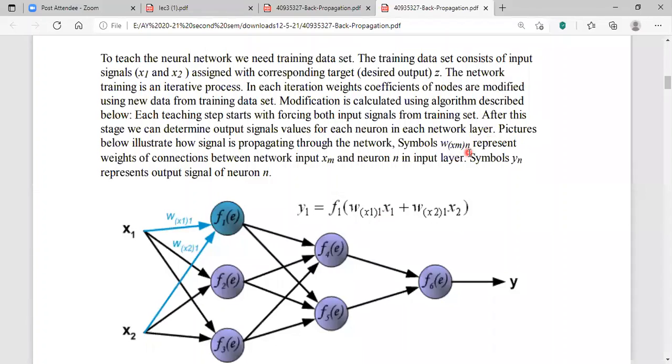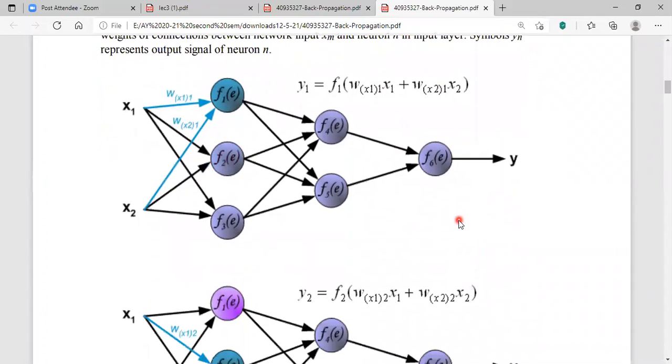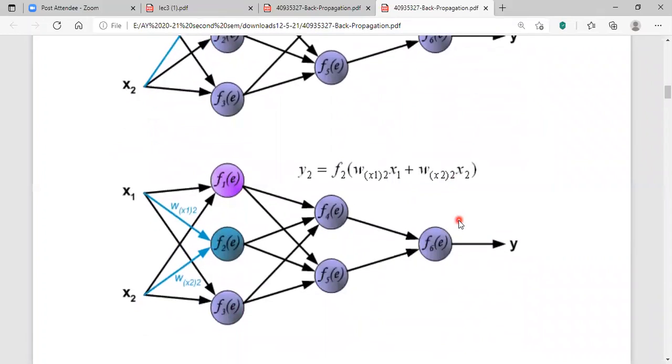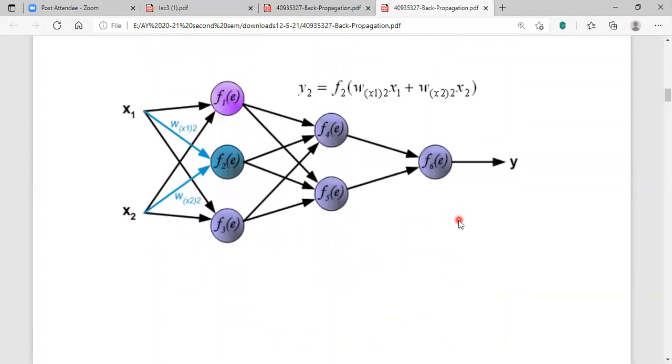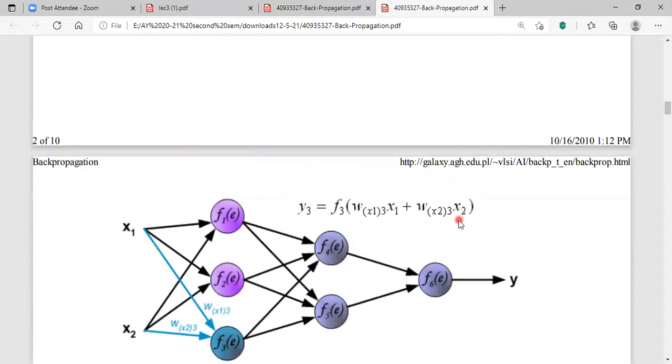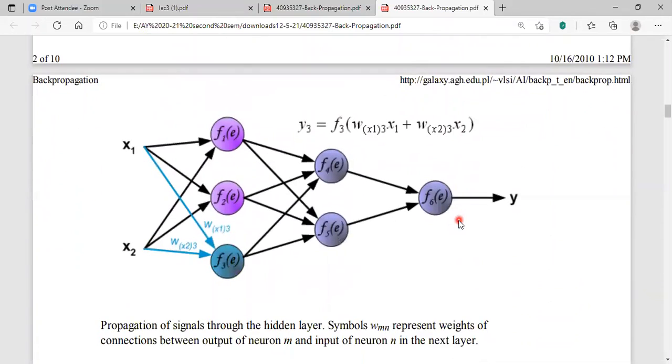This n is indicating the neuron number and m is indicating the input number. Similarly, your F3.